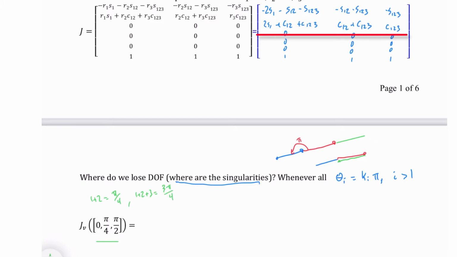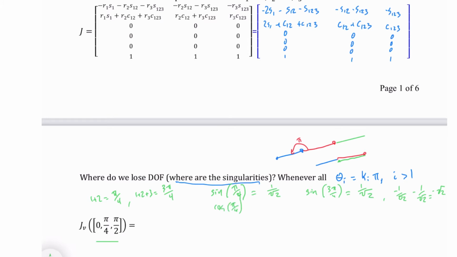Sine of pi over 2 is going to be... so that gives us enough to solve for this.